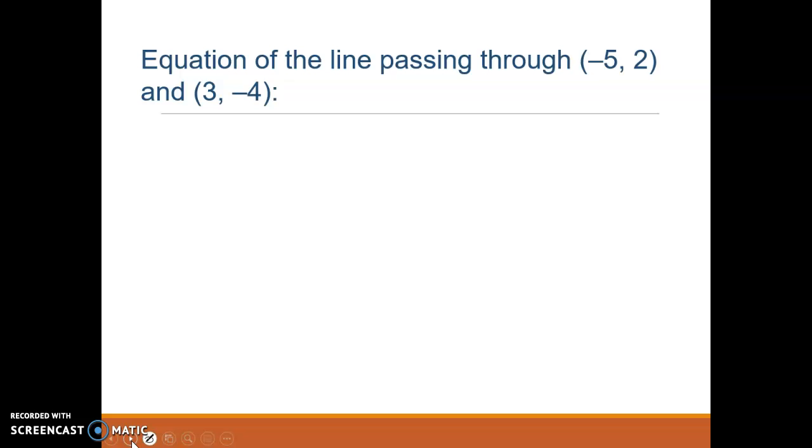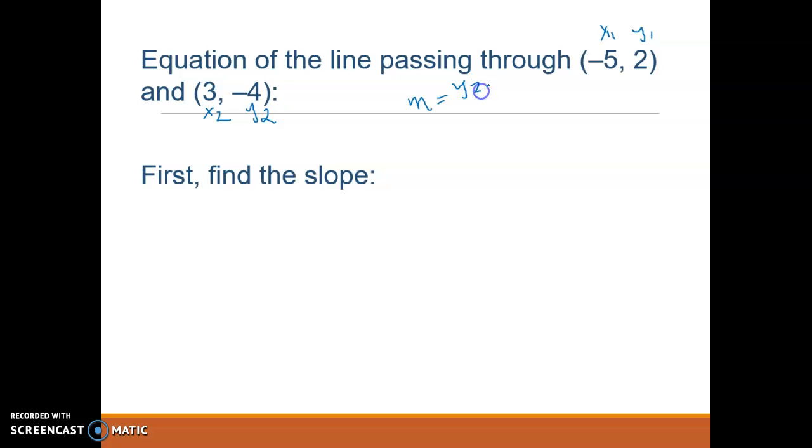So let's say you're told, not necessarily the slope, but the equation of a line passing through these 2 points, (-5, 2) and (3, -4). We can use that information to find the slope, and we're going to do that by labeling our x1, y1, and x2, y2. We know the equation for slope, which we're going to write every single time just to make sure we don't mess it up, is y2 minus y1 over x2 minus x1.